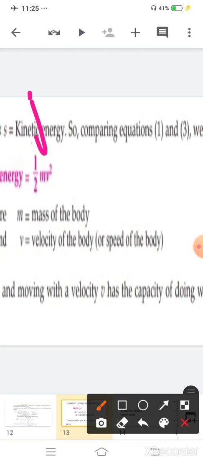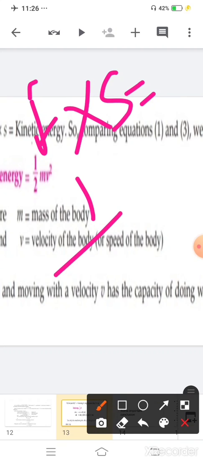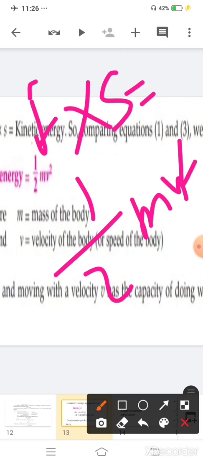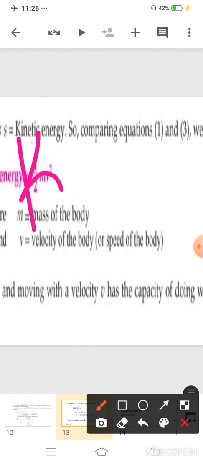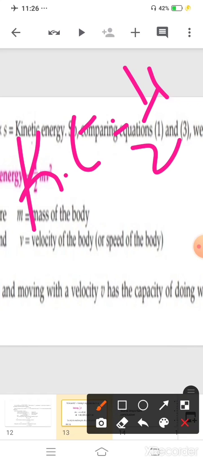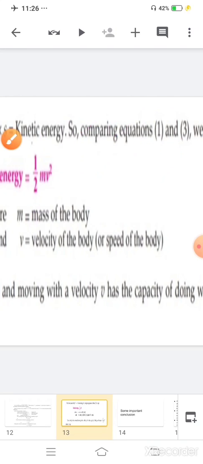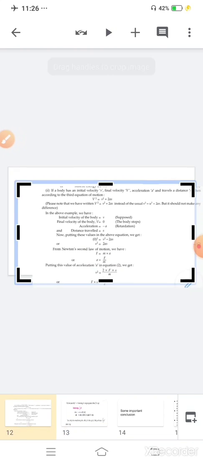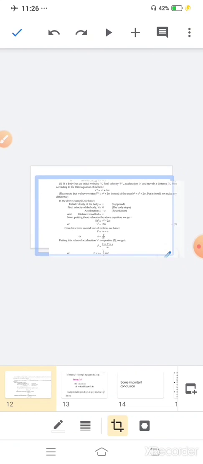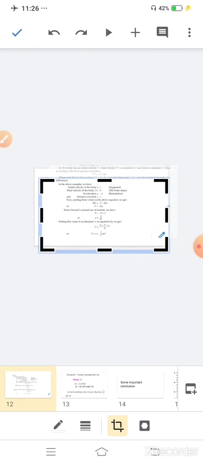We have got F into S is equal to half mv square, and this FS is equal to W, and earlier we have done W is equal to KE. So finally you will get KE is equal to half mv square. Clear? I think this is clear to you.